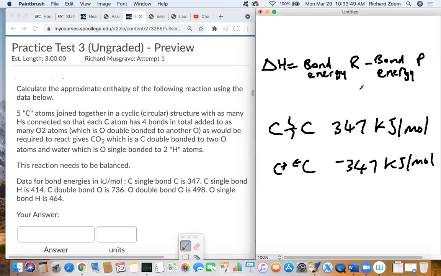The reason for that is bond energies are all about breaking bonds, whereas heats of formation are all about forming them. So it's the reverse of the previous one. So the bond energies of the reactants minus the bond energies of the products. Okay, anybody got any questions so far?